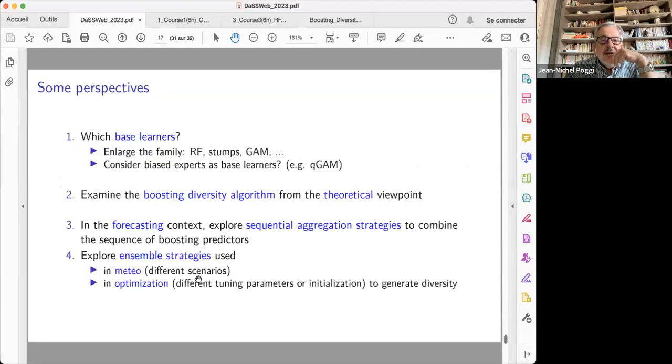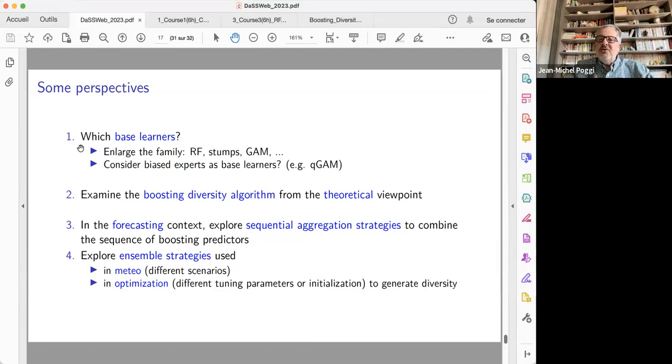So some perspectives, just to open the discussion. Of course, we could imagine enlarging the family of base learners. What we have in mind initially is not to consider only a combination of unbiased base learners.